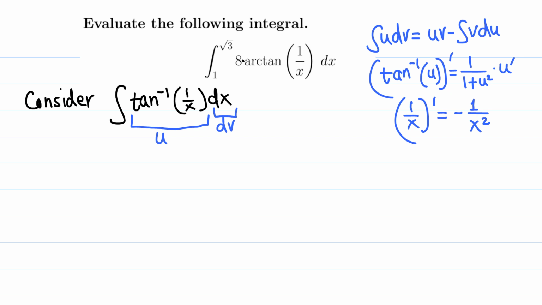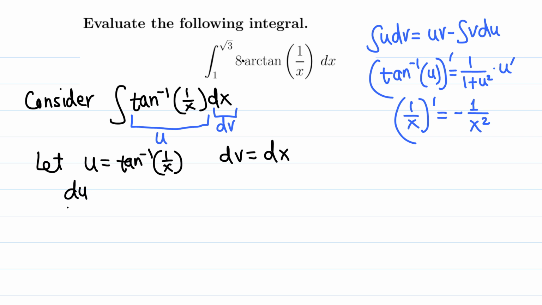Here we let u be tangent inverse of 1 over x and dv be dx. Now we find the derivative with respect to x, du over dx, and I'm going to write dx on the other side.